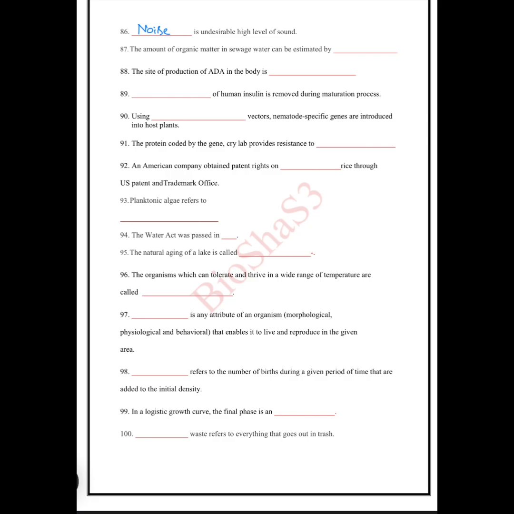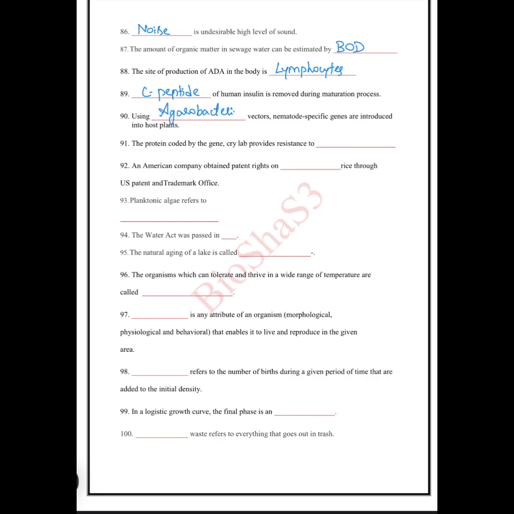The amount of organic matter in sewage water can be estimated by BOD. The site of production of ADA in the body is lymphocytes. C-peptide of human insulin is removed during the maturation process.